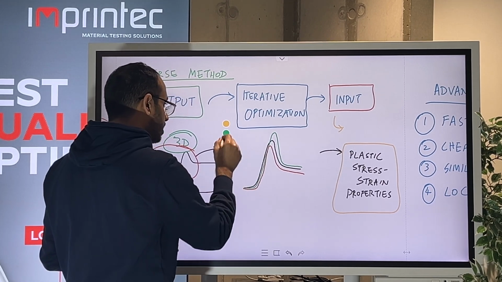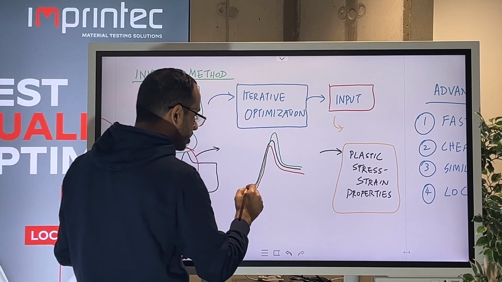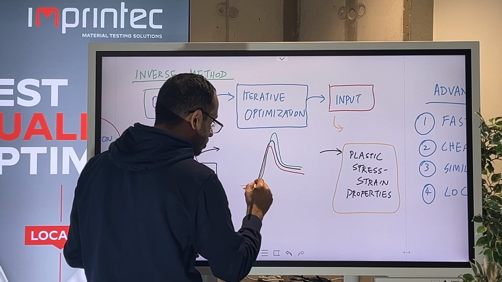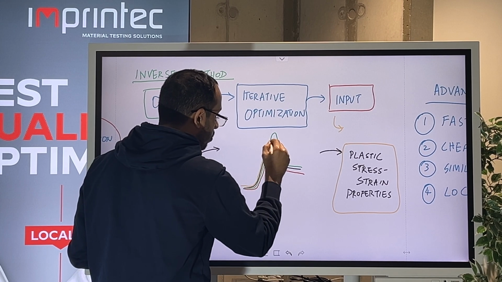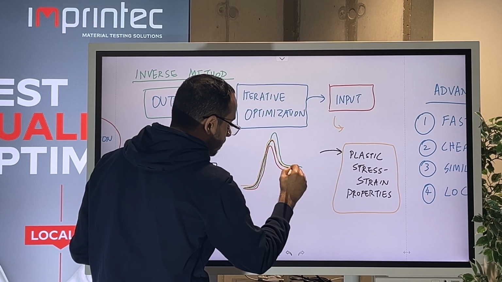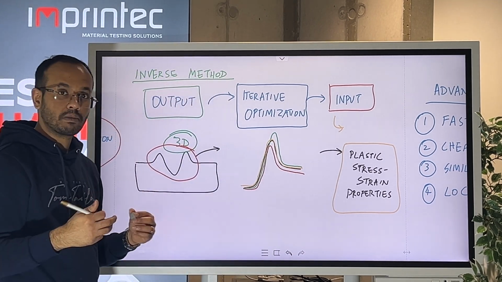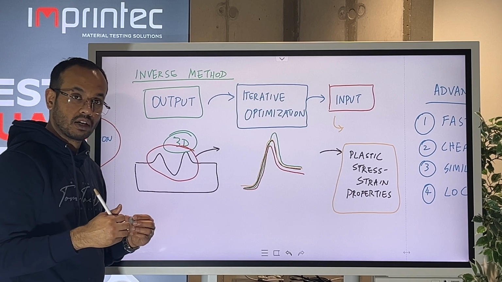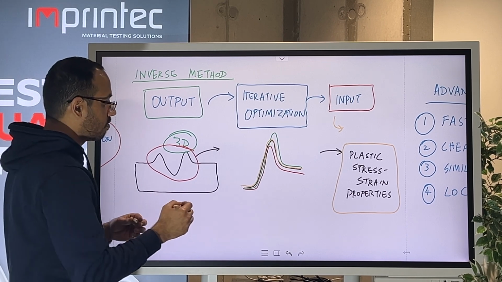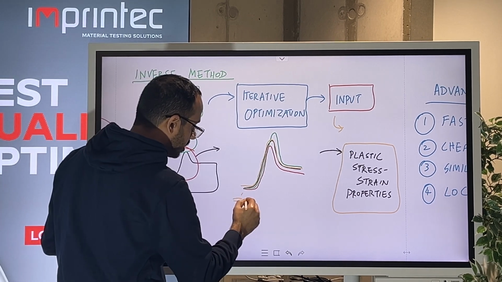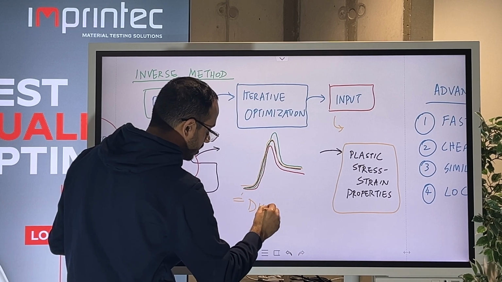But on continuous iteration, we will find a match which is very good and very close to our experiment, which is the black curve. Once we find that, it becomes our selected curve, and the digital twin is formed.